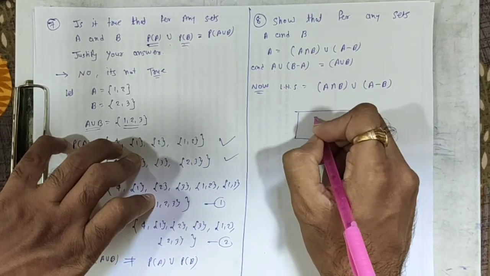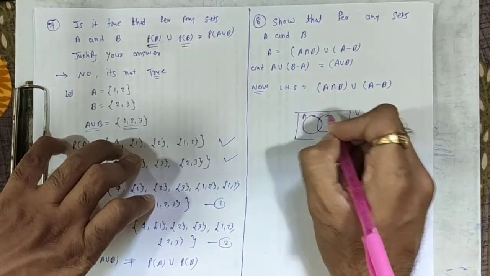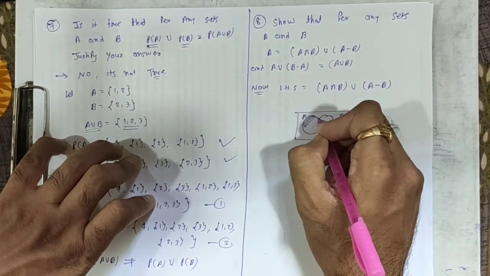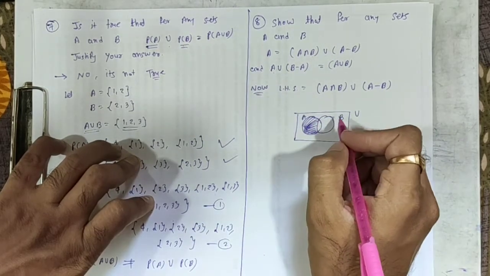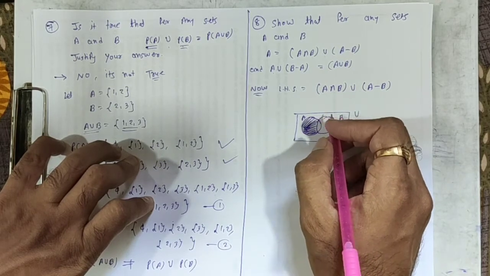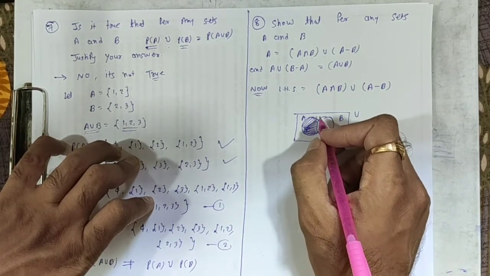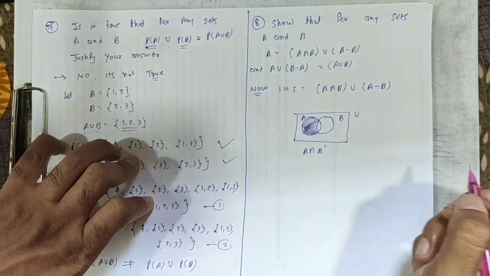Consider a Venn diagram. So this is set U, this is set A and this is set B. So this one is A minus B, the portion of A except B. So this can be written as B dash intersection A. This is nothing but A intersection B dash.